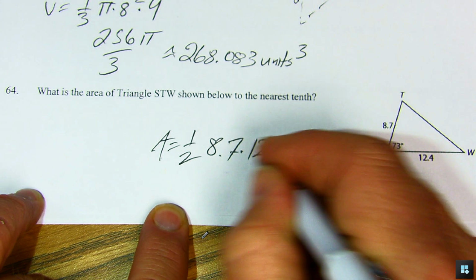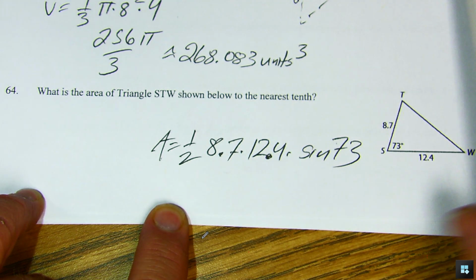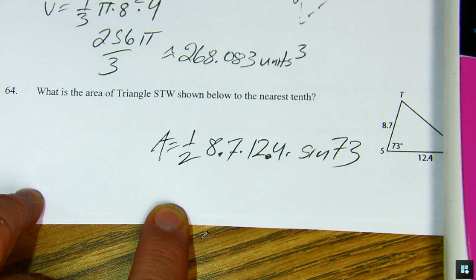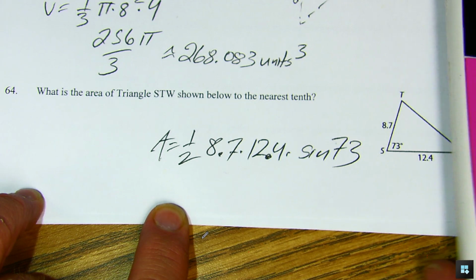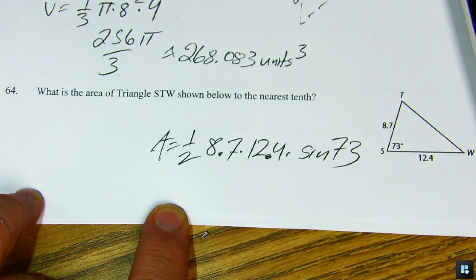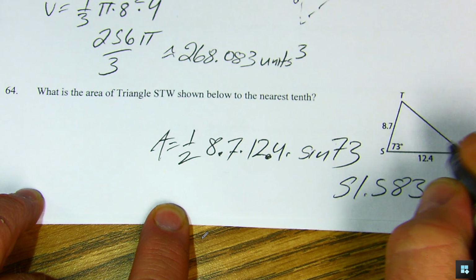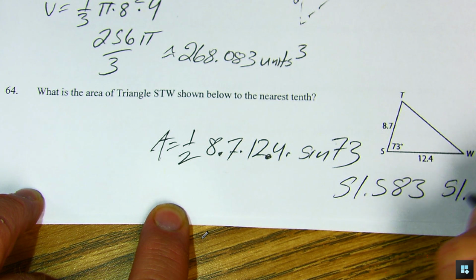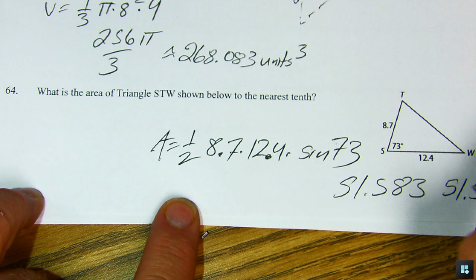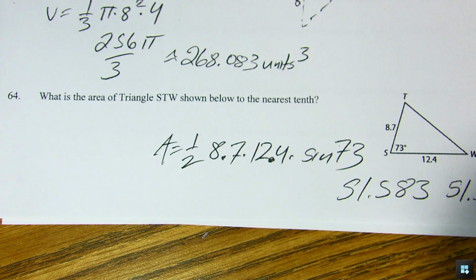So I just take half of the two sides, so 0.5 times 8.7 times 12.4 times the sine 73. And you get 51.583. To the nearest tenth, that'd be 51.6, and that's going to be in whatever units squared. Areas are in square units.